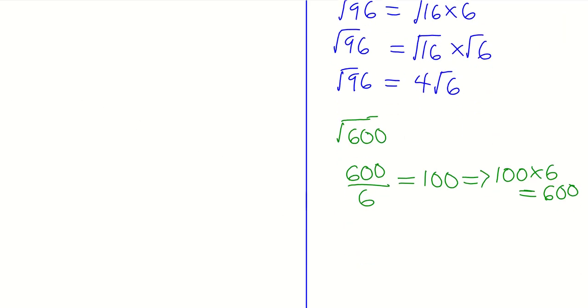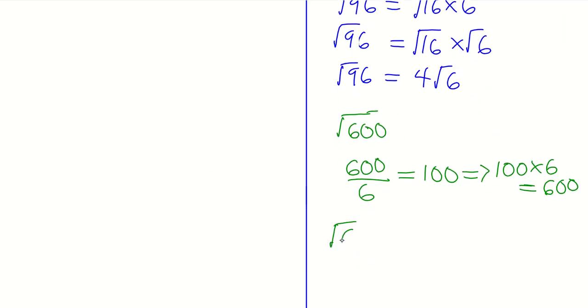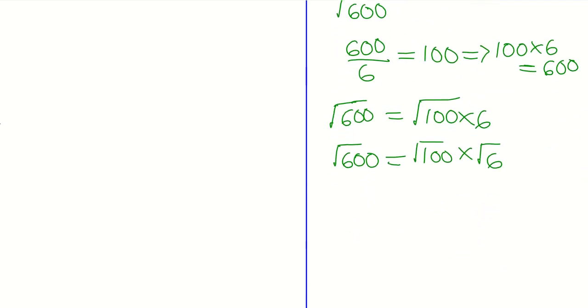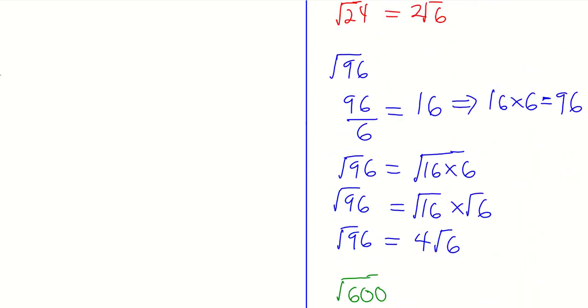So now, if we have square root of 600, then we should get square root of 100 times 6, which implies that our square root of 600 is equal to square root of 100 times square root of 6. Now we know that square root of 100 is going to give us 10, and we have our square root of 6. And these are the reduced forms of the surds we have.